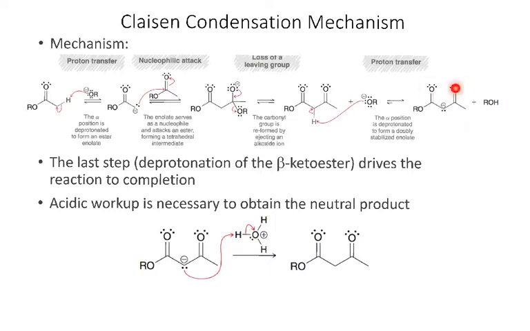So it's doubly stabilized by spreading the negative charge onto these two oxygen atoms. This last step actually drives the reaction to completion. It's unavoidable, and it's important for the equilibrium to favor the formation of the beta diketo ester. Because the formation of this ion is unavoidable in strongly basic conditions, we have that second step of the acid workup to give us our neutral product.